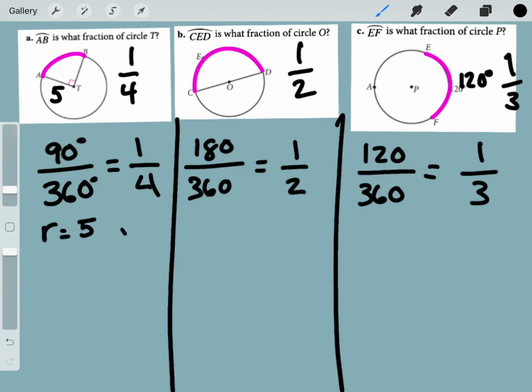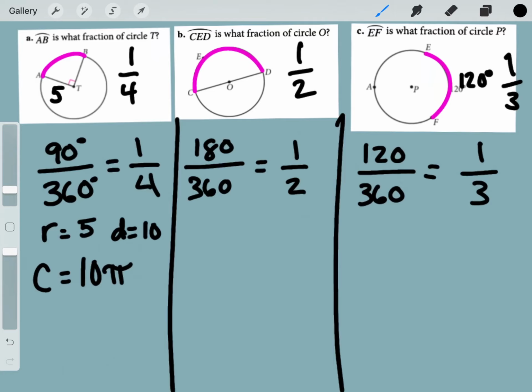If we have a radius of 5, what is the diameter? The diameter is going to be double that, so it's going to be 10. What is the full circumference of this circle? So the full circumference is the diameter of 10 times pi. We're not even going to multiply it by anything, just in terms of pi.